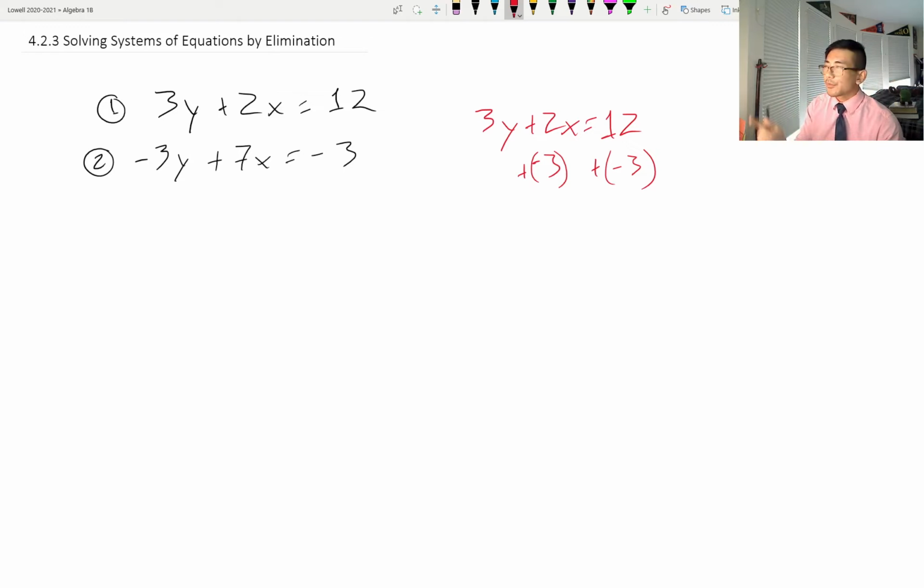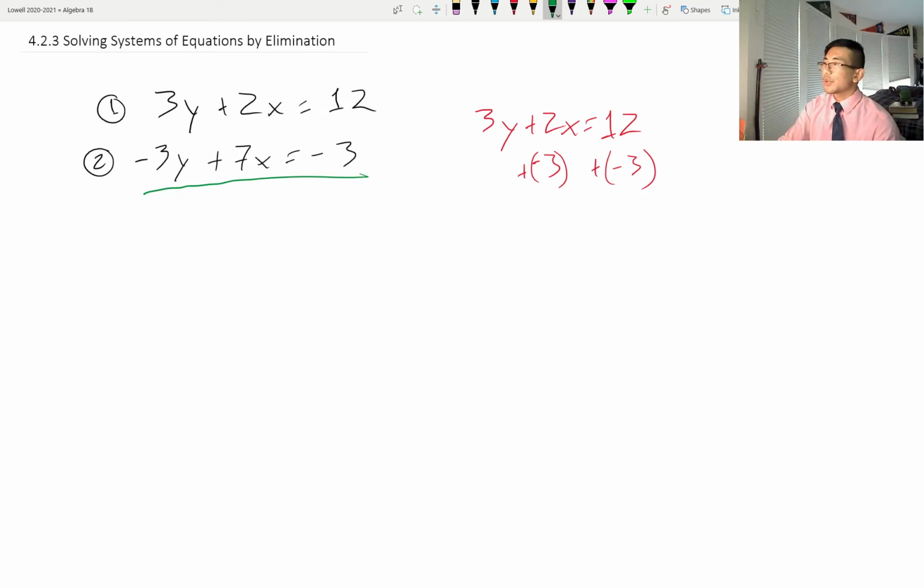But remember, I already know what negative 3 is actually equal to. If we look over here, we know that negative 3 is also equal to negative 3y plus 7x. Why is that relevant? The reason that's helpful is because I can do a little substituting, in a sense, into this equation.